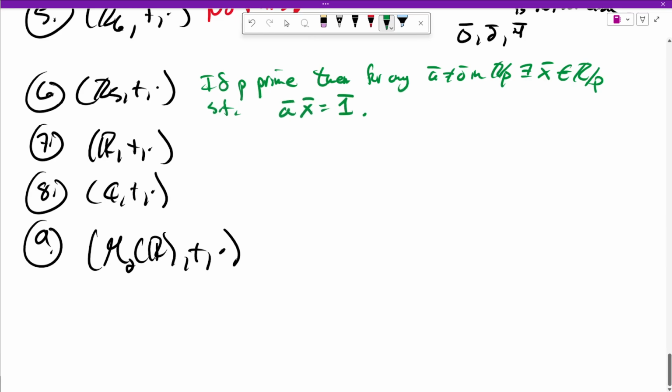So that weird exercise I gave you last week, what you were actually doing is showing that if p is prime, then you have multiplicative inverses for all non-zero elements.